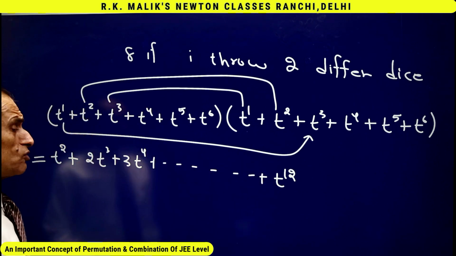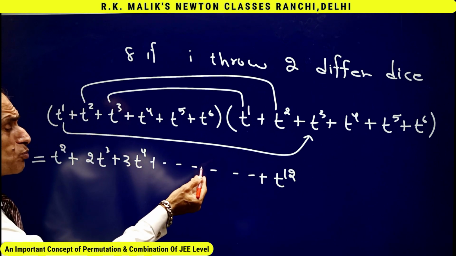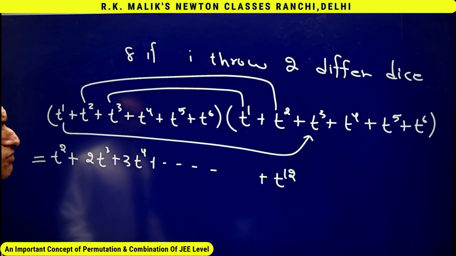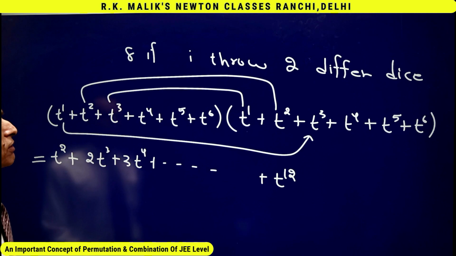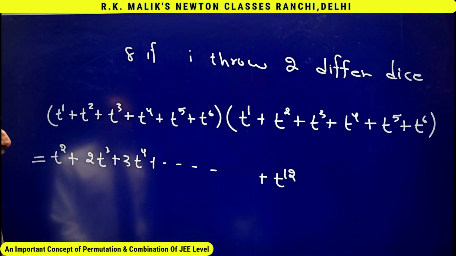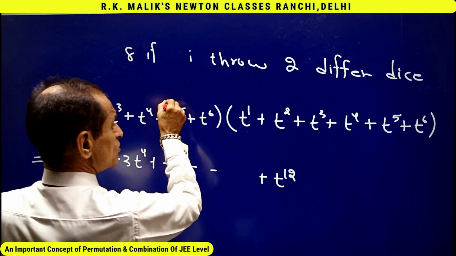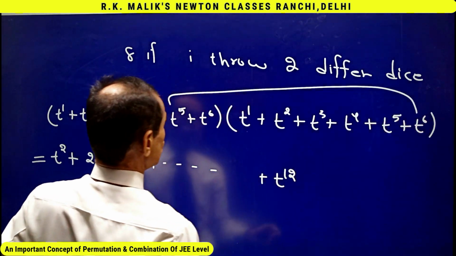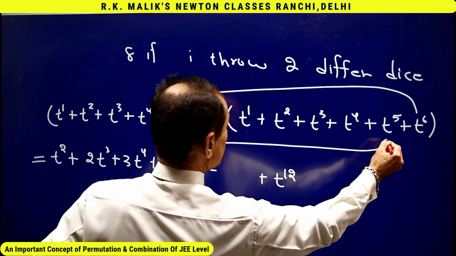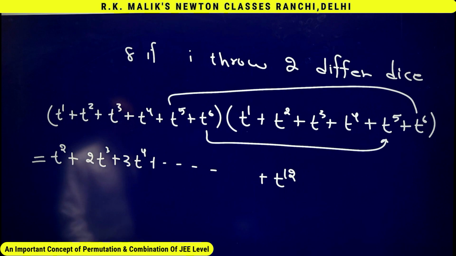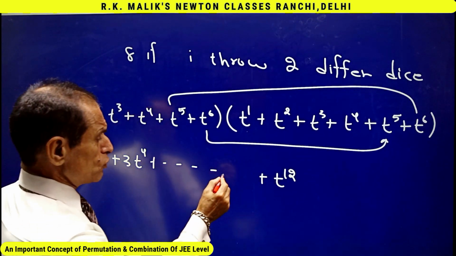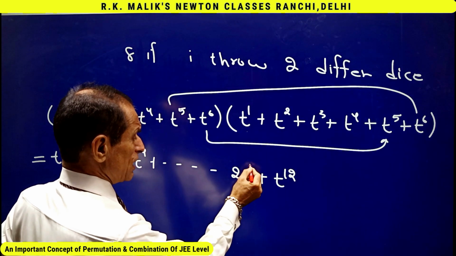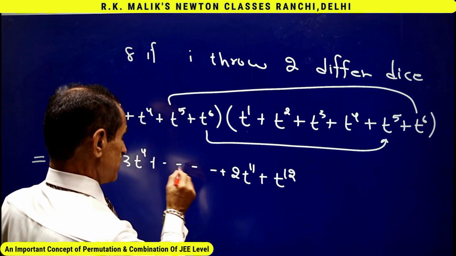And similarly, you can calculate the coefficient of t to the power 11 also. Just for clarity, if you want to calculate the coefficient of t to the power 11, it is clear that t to the power 11 will come when this will be multiplied by this, or when this will be multiplied by this. That is, t to the power 11 will come 2 times. Therefore, 2 t to the power 11 will be there.